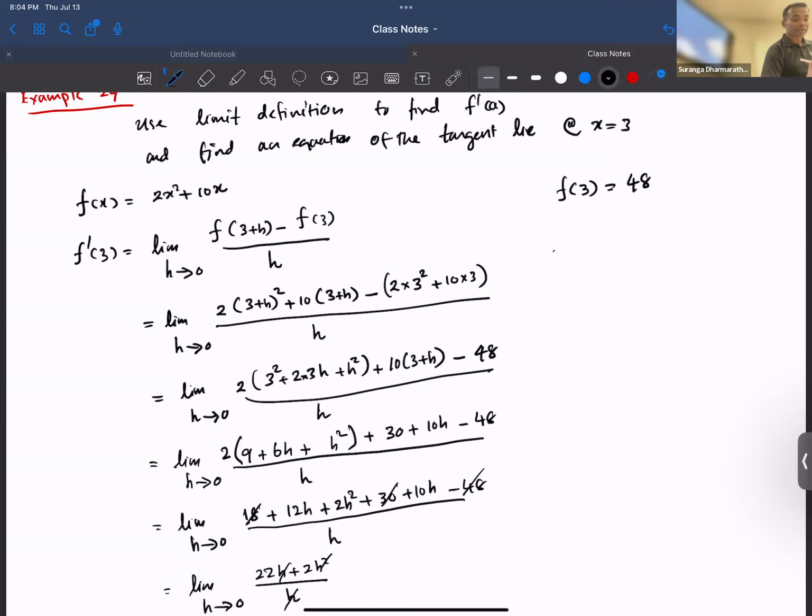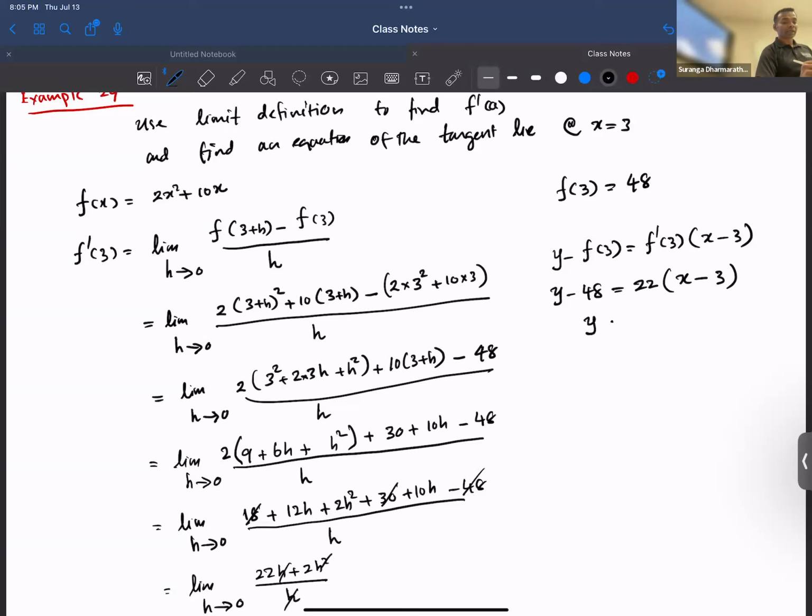y minus f of 3 equals f prime 3 times x minus 3. So y minus 48 equals 22 times x minus 3. That's it. Then you can simplify it a little bit.